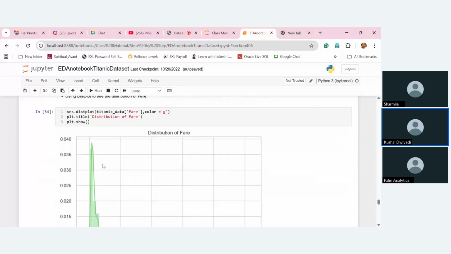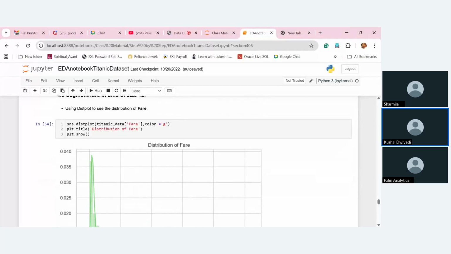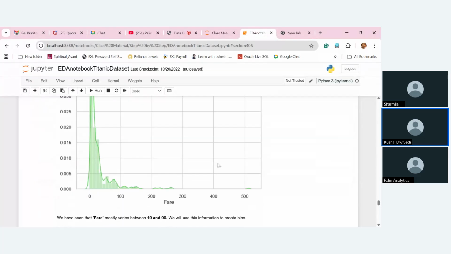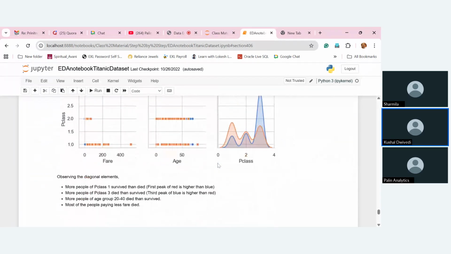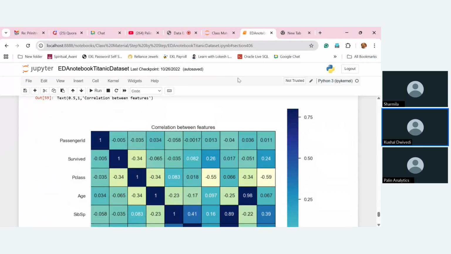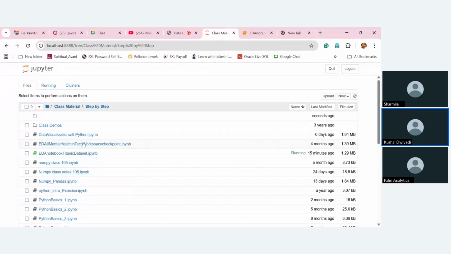Everything we have already done in our visualization. You just have to go through those visualizations and find out how these patterns work and how we can apply them. I'll share one more case study, one more EDA, so you can study that EDA as well.